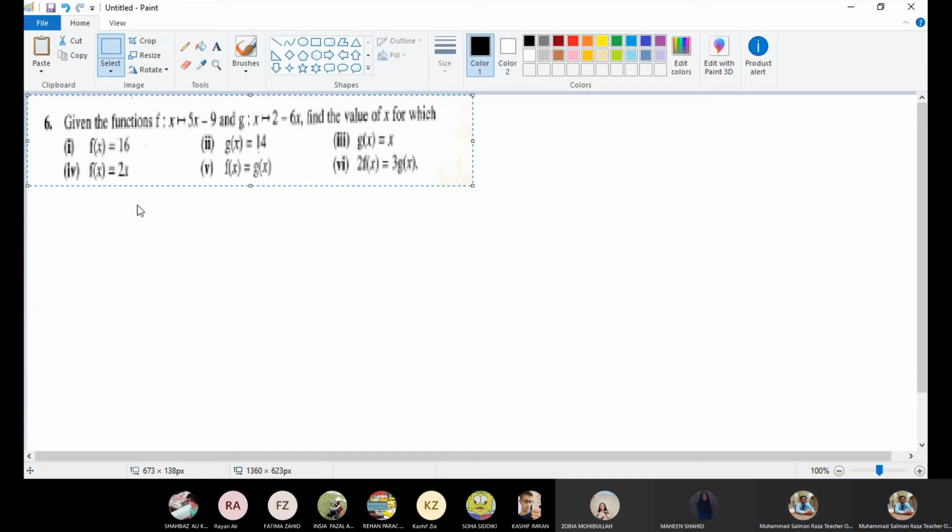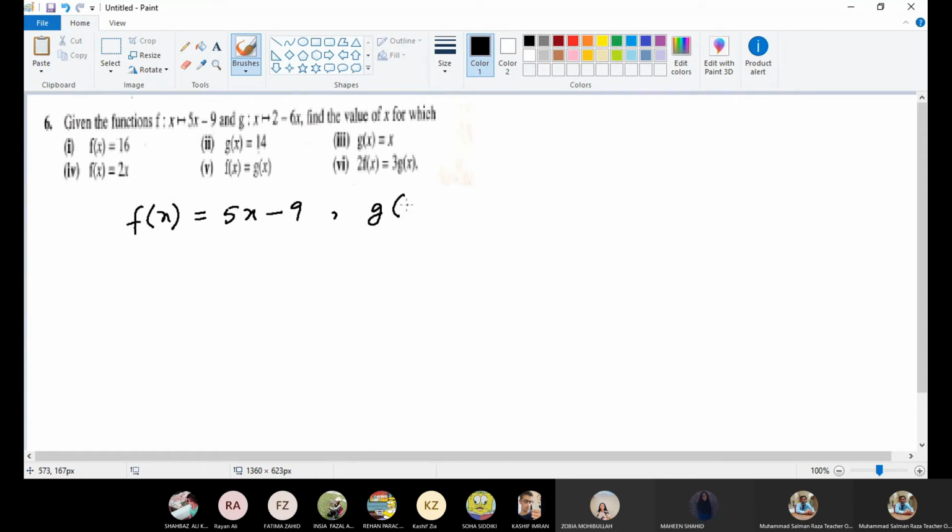Now you can see that the function of f is defined here, like f of x is equal to 5x minus 9, and the function of g is defined here as g of x is equal to 2 minus 6x. So if we take part number 1, it says f of x is equal to 16.